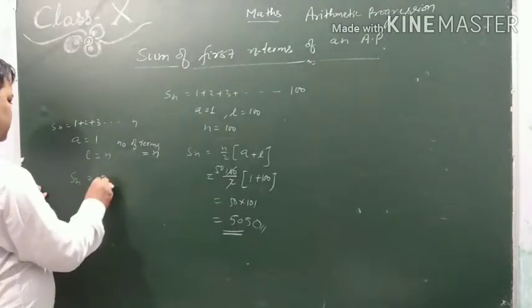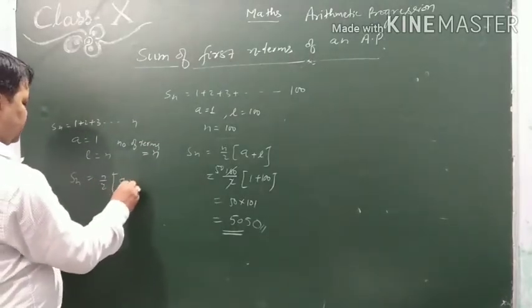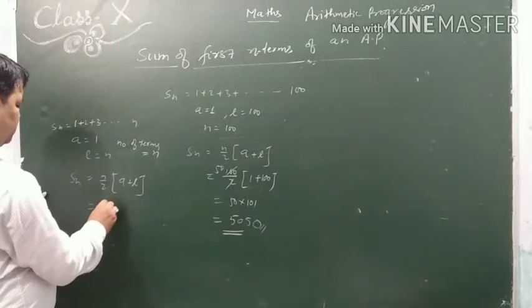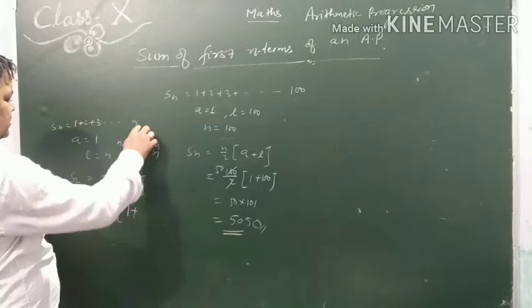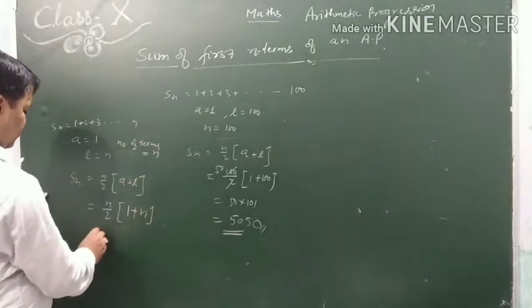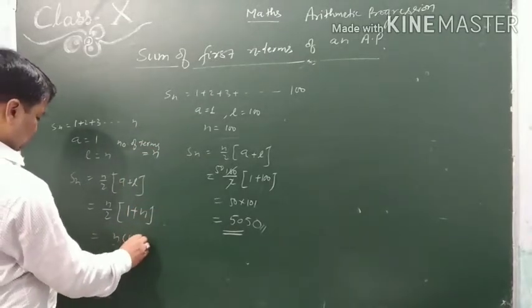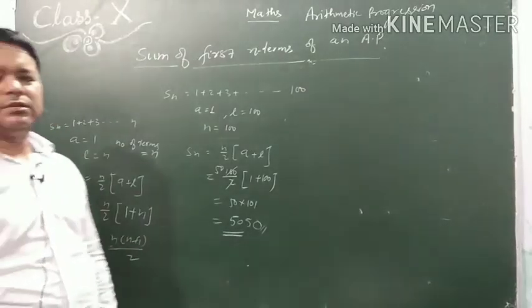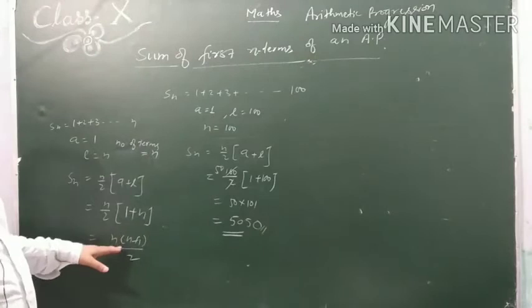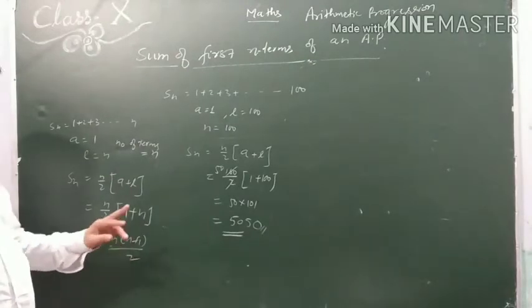What is the formula? n by 2 into a plus L. The first term is 1 and the last term is n. Then we can write n into n plus 1 by 2. This is the formula for the sum of the first n natural numbers.